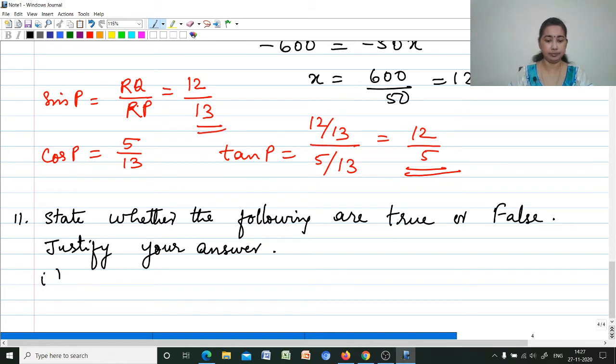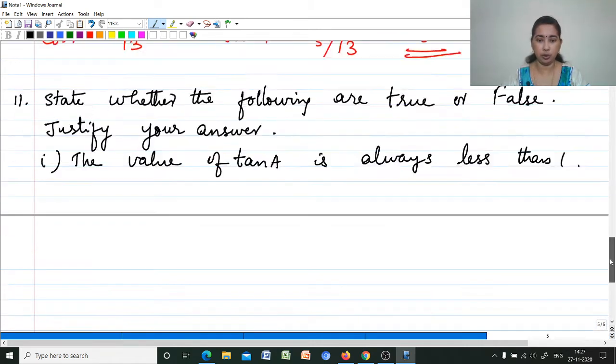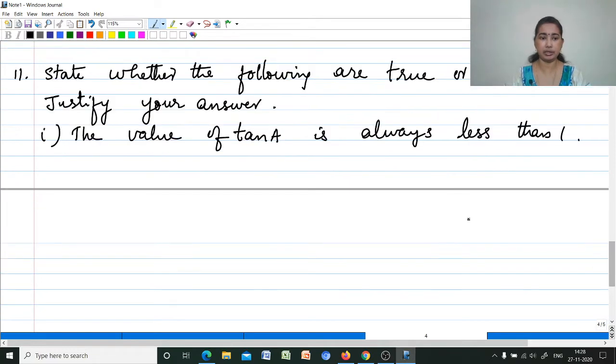First one, the value of tan A is always less than 1. We have to check whether the given statement is true or false. The value of tan A is always less than 1.